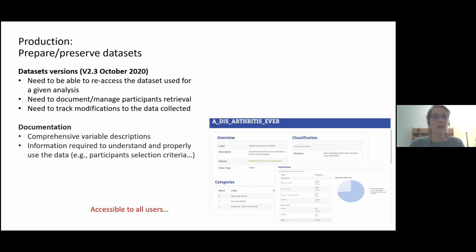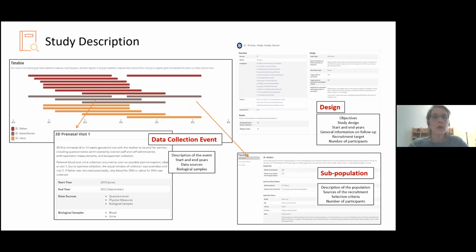It's like reinventing the wheel each time. But if you have a structure where it's extremely well documented, someone will rapidly be able to jump in and use the data. And that includes not only the variables per se, but how the information is collected: what the sampling frame is, how the participants were contacted, and all that information around the data collection.